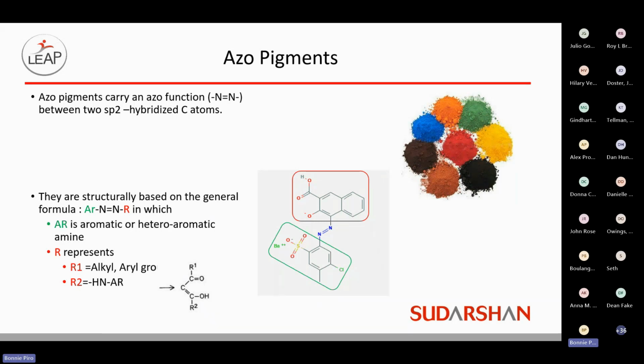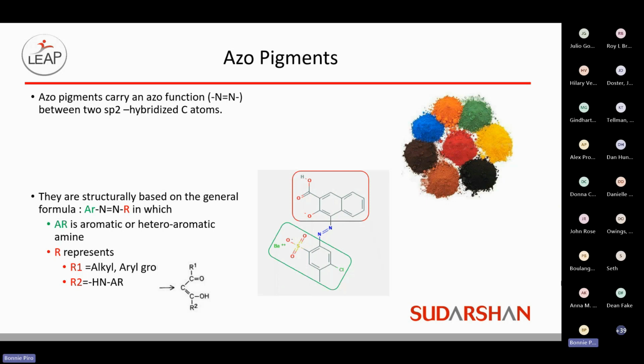You have the azo function right there in the middle with the nitrogen double bond. And on the other side is the chemistry that comes in from the coupling agent itself. This could be a wide variety of chemistries to make the specific azo chemistry that you're looking for. So this can be anything, and it's represented by a number of chemistries here.